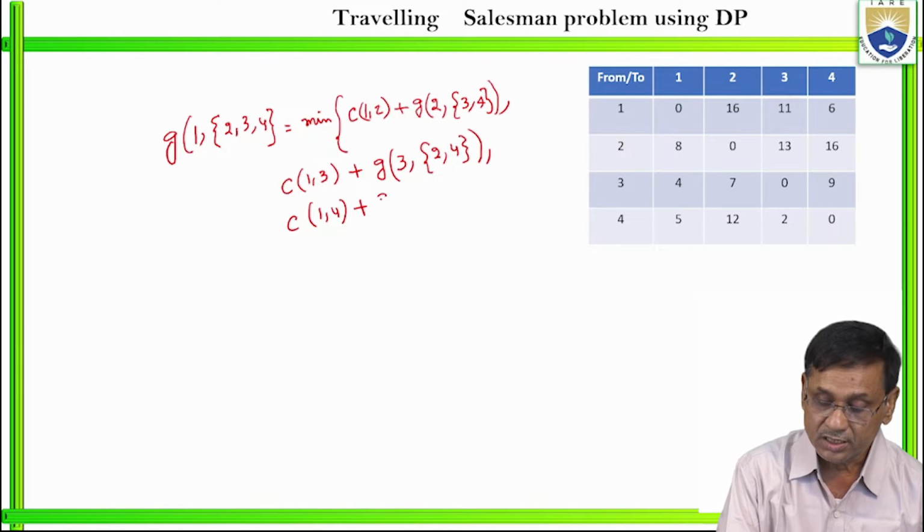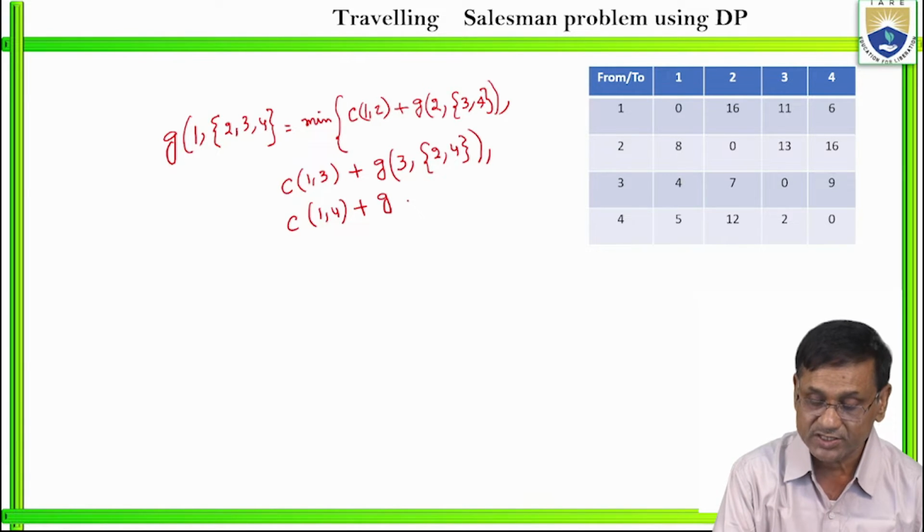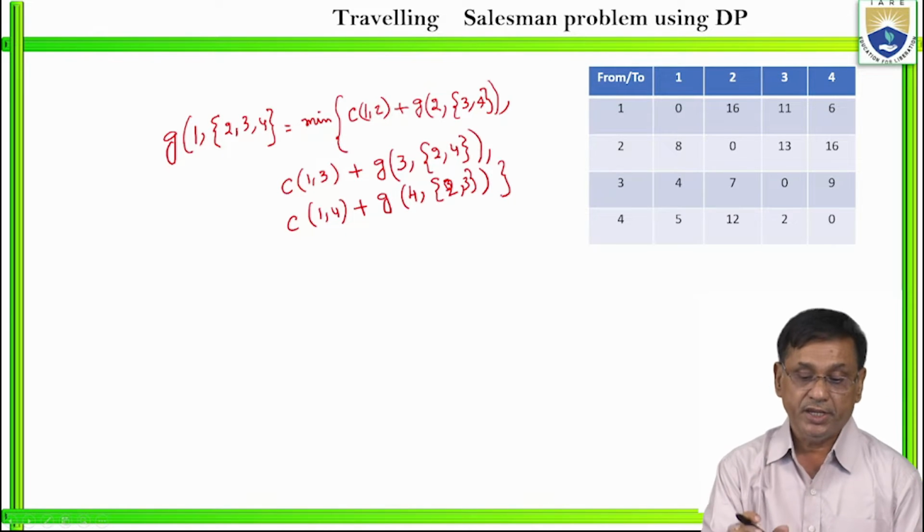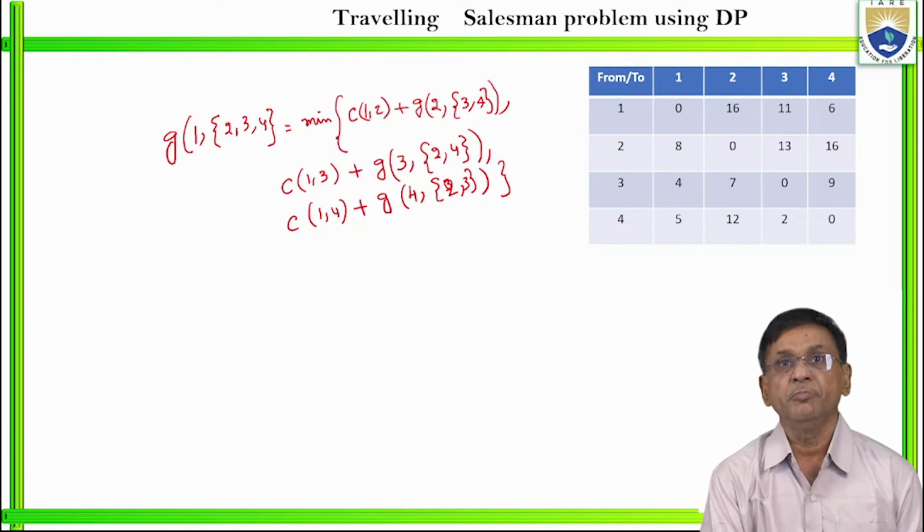plus, so this is the cost of an edge going from 1 to 4 plus the cost of going from city 4 to the remaining cities, that is 2, 3. So in these three we have to select the minimum.